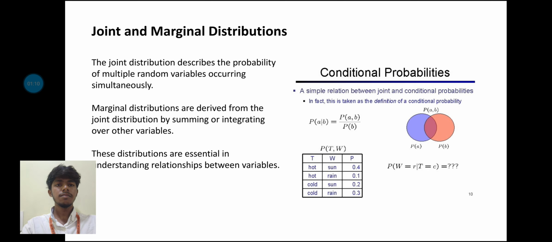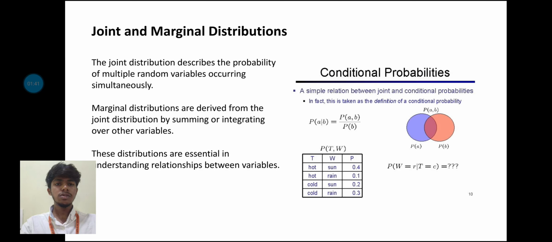Joint and marginal distribution. The joint distribution describes the probability of multiple random variables occurring simultaneously. The marginal distributions are derived from the joint distribution by summing or integrating over the other variables.